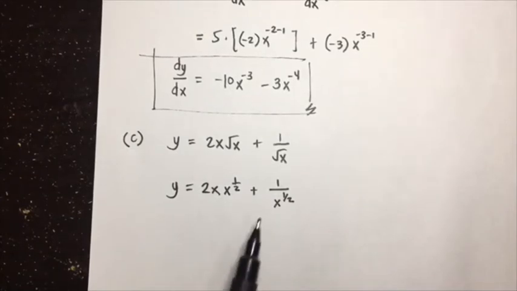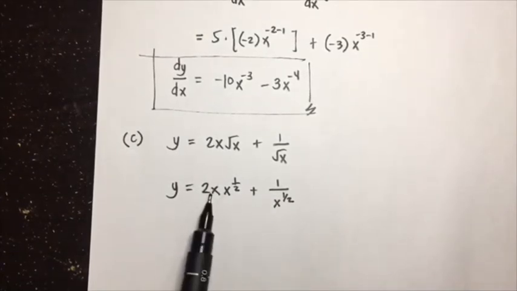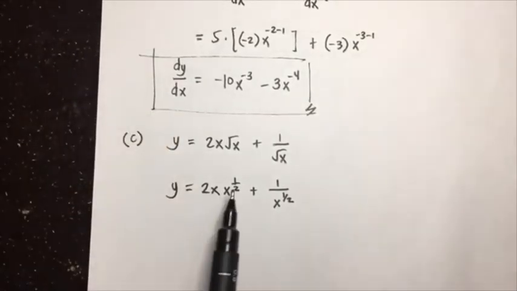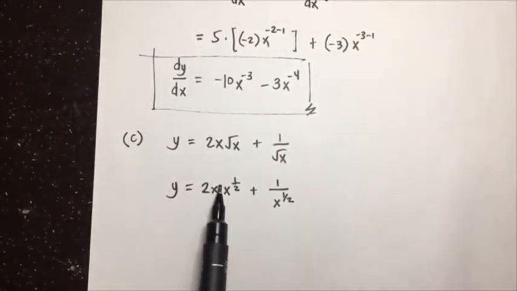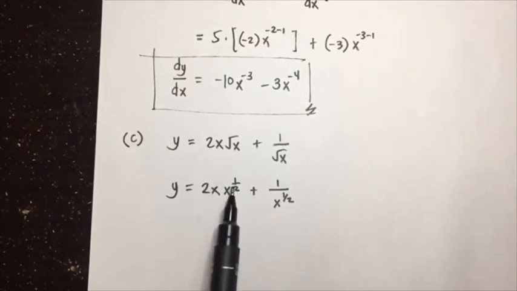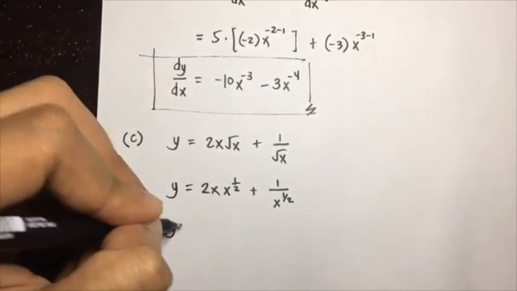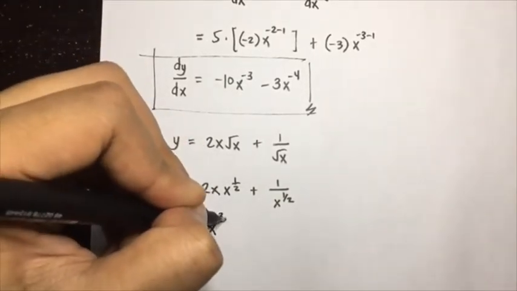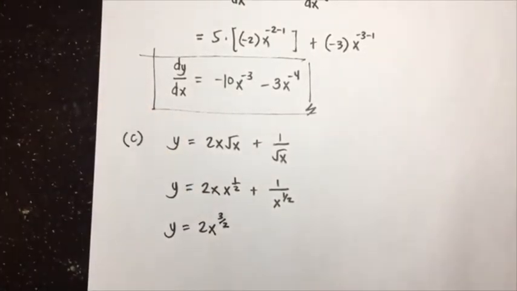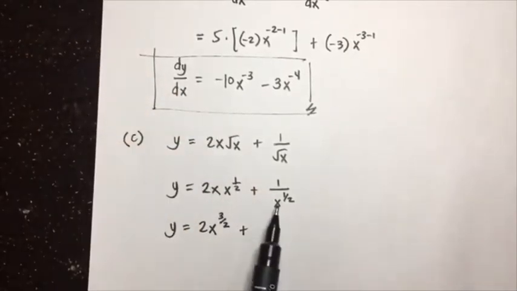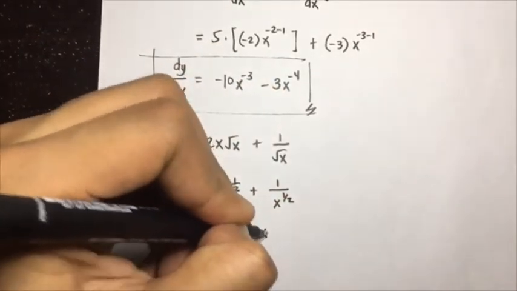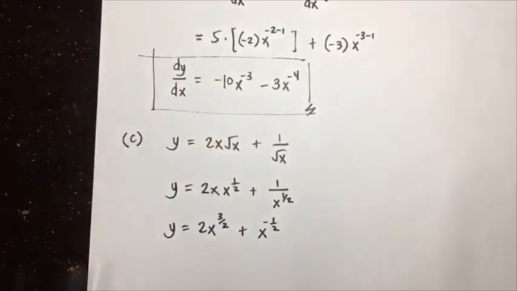Okay, and then multiply this, x raised to 1 half, so all we need to do is copy the base and then add the exponents. So 1 plus 1 half, that's 3 halves. So we have y is equal to 2x raised to 3 over 2 plus, transfer this in the numerator, but by doing so the exponent will become negative, so x raised to negative 1 half.